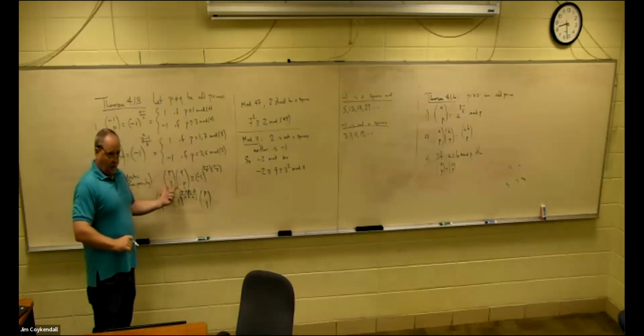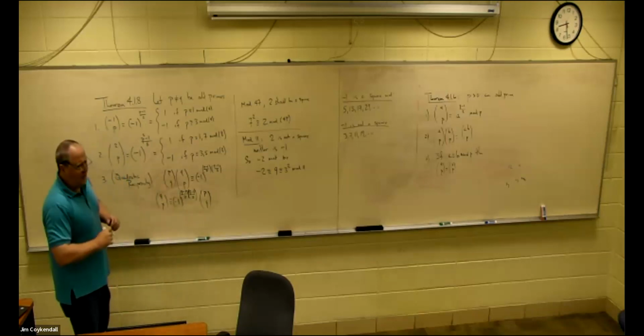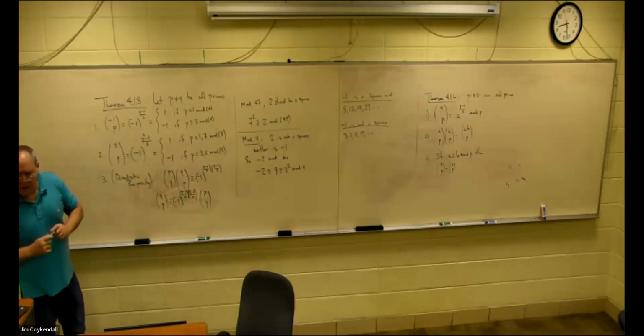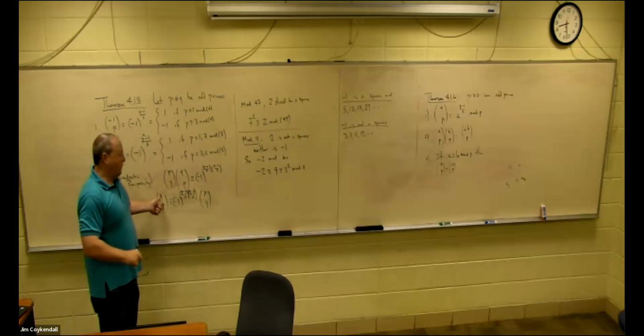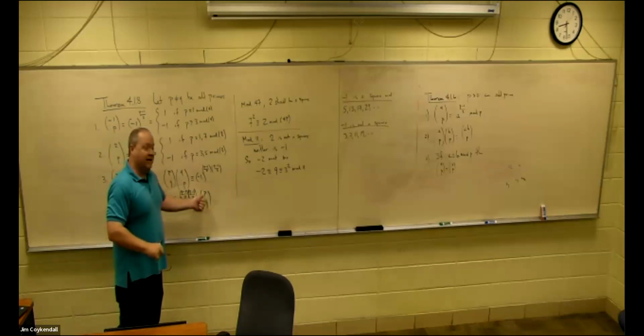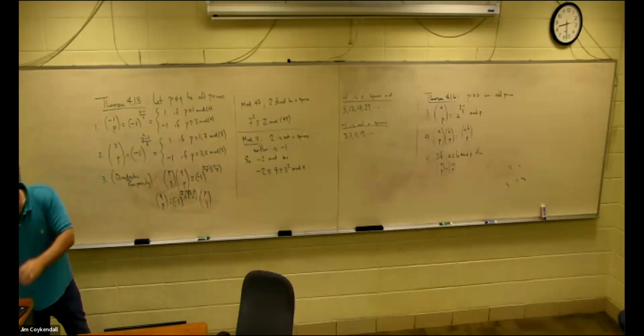Because notice when you multiply any one of these symbols by itself, you're always going to get 1, right? I find this incredibly miraculous, that the status of q being a square mod the prime p is intimately related to the status of p being a square mod q. To me, there's no good reason for that to happen, but it does.